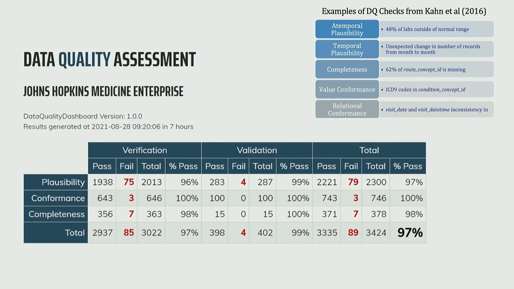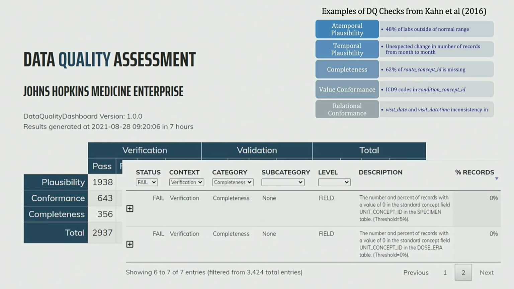So there's a variety of checks on plausibility and completeness and conformance, and it will automatically scan your whole CDM and tell you where some of the issues might be. This comes up a lot when we have issues with discordant units, that the plausibility of the units of measurement aren't making sense. And you can see here the kind of report that you get.